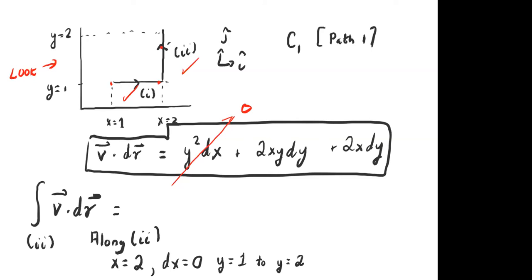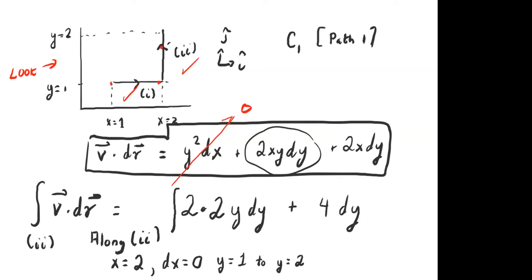The second term is going to involve 2 times x. X is a constant, and y is a variable. So that's this guy. And the second term is going to involve 2x dy. X again is a constant. 2 times 2 is 4 dy.